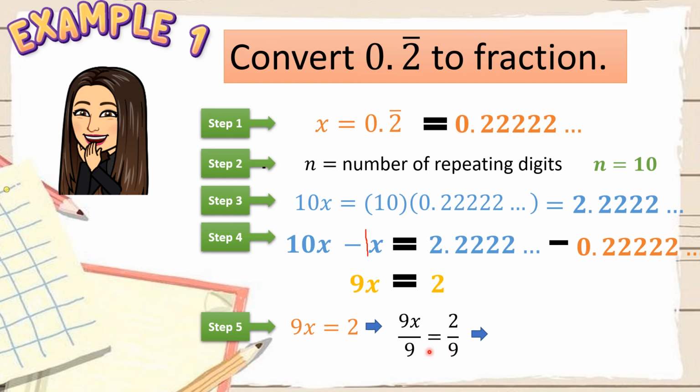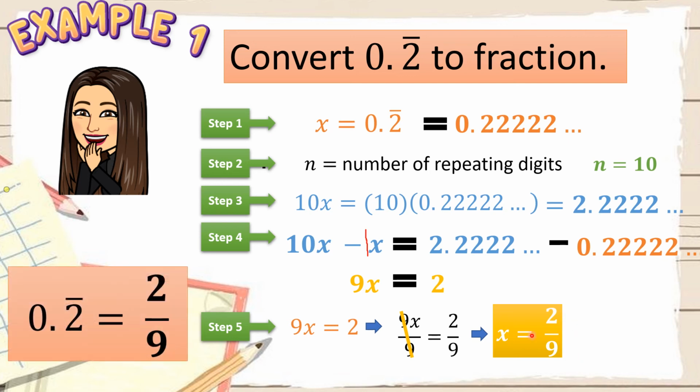Dividing 9 by 9 will give us 1, so it is gone. What remains is x and then 2 over 9. So our x is equal to 2 over 9. Therefore, the repeating decimal 0.2, when we convert it into a fraction, is equal to 2 over 9. Okay?